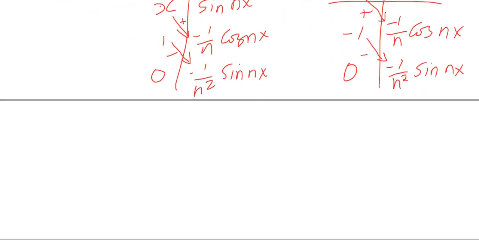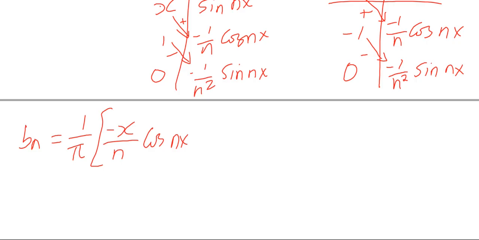So when we substitute these values now back, we get b_n is equal to, remember we had the coefficient 1 over pi, then this will be minus x all over n cosine of nx plus 1 all over n squared sine of nx from minus pi to 0.